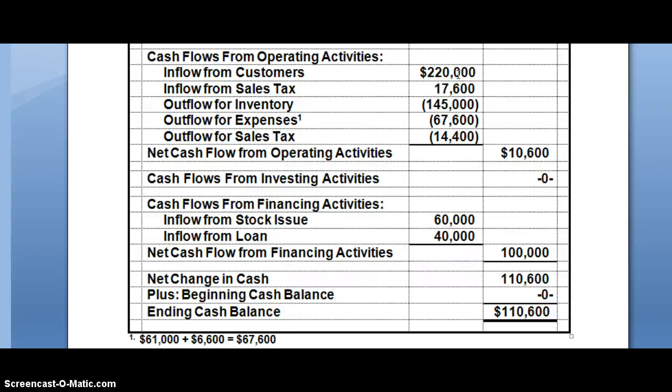And then you took some cash in from sales tax. Even though you had to pay it out for a liability, you took cash in from sales tax. Outflow for inventory. Cash went out for inventory. Outflow for expenses. Outflow for sales tax. So the net cash flow from operations. So just go back to the horizontal financial model and you'll see each one of these right here.